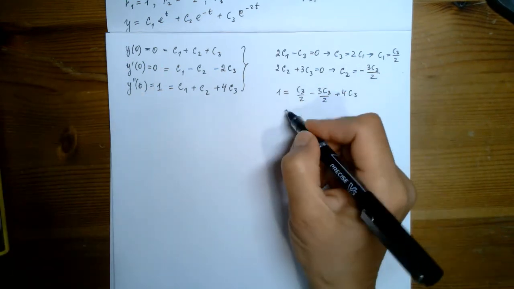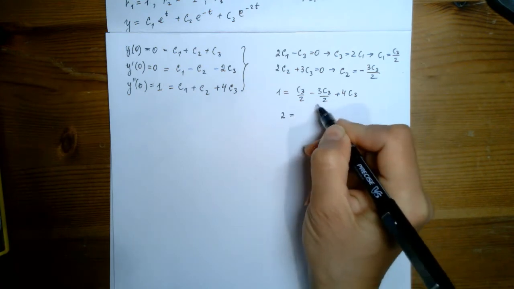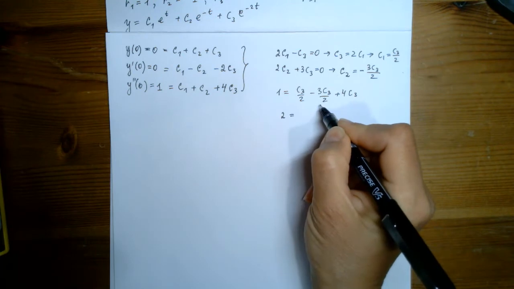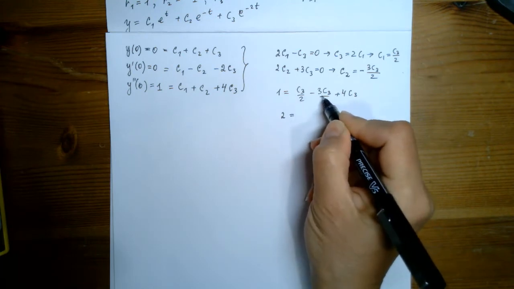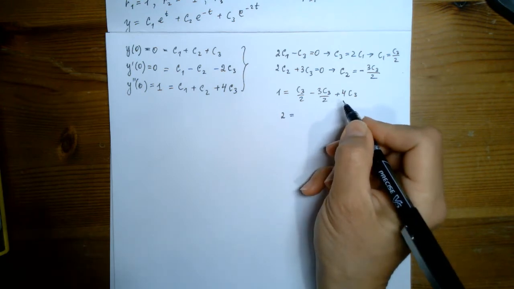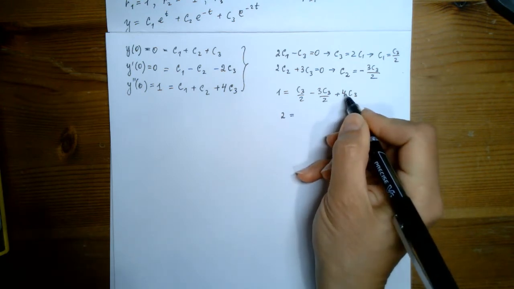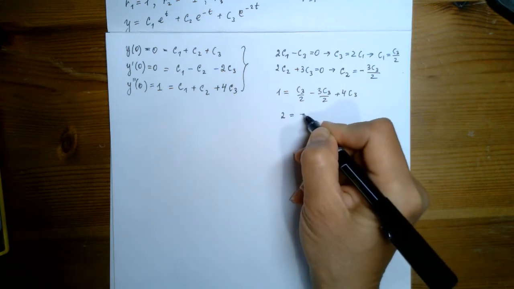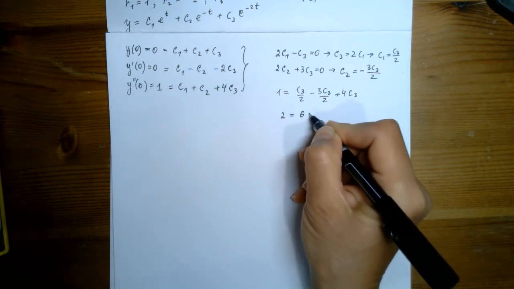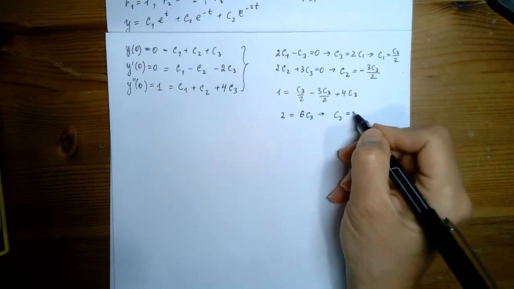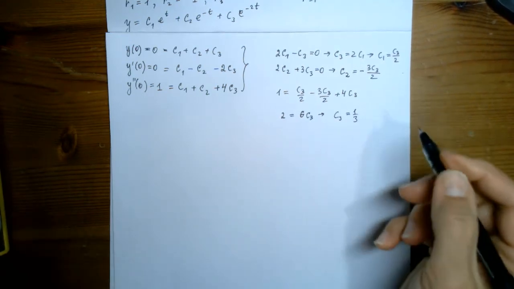Multiplying everything by 2 gives me 2 equals C3 minus 3C3, which is minus 2C3, plus 8C3, which gives 6C3, from where C3 equals 1 over 3.